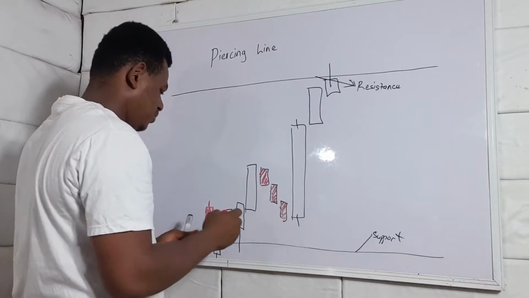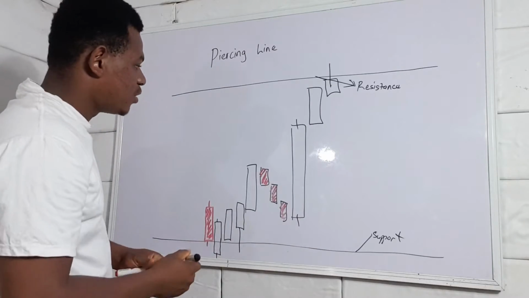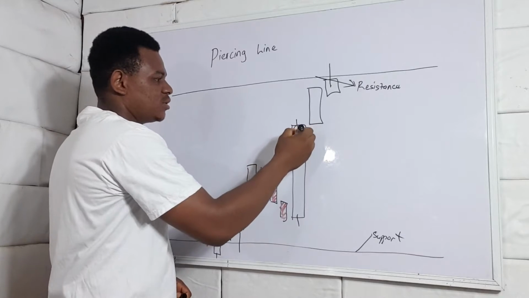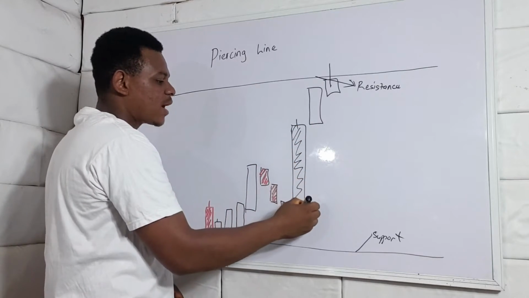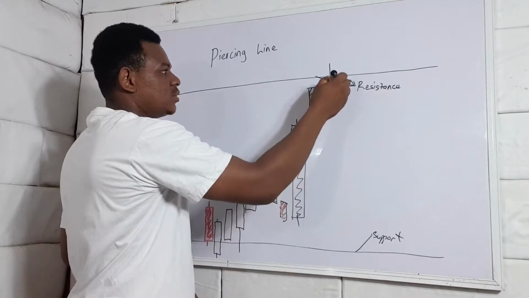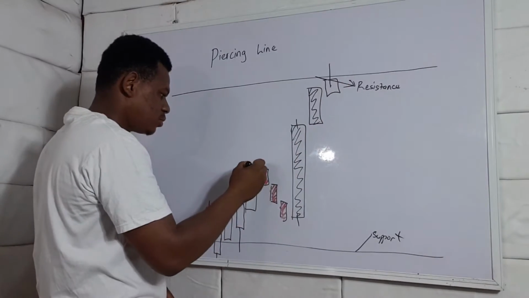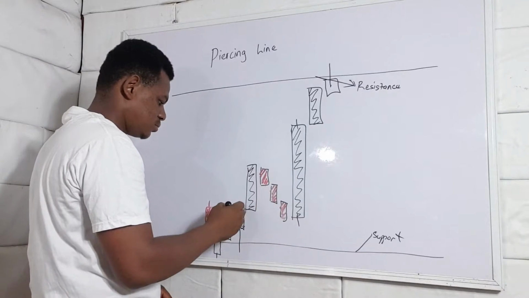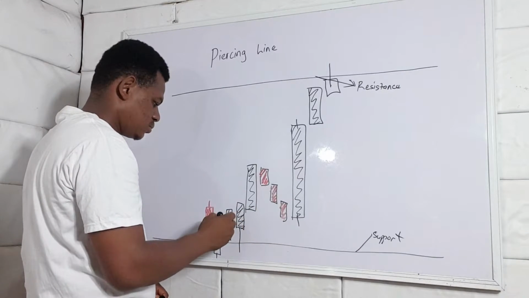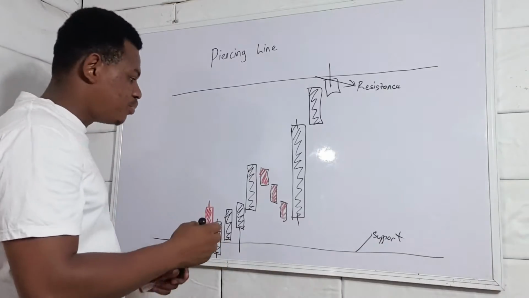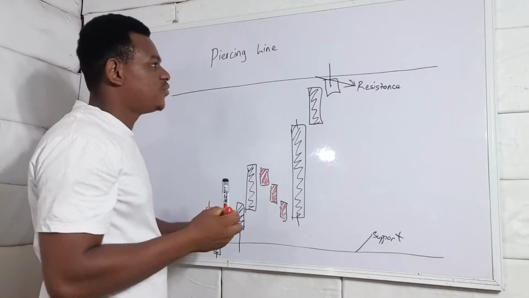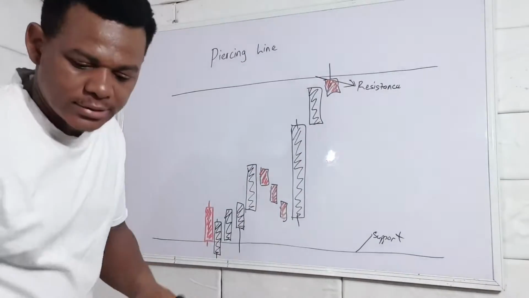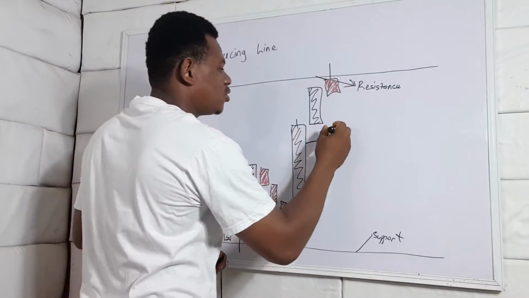Remember, we said that the green one, which I'm using the black to draw, is your bull candle, while the red one is your bear candle.